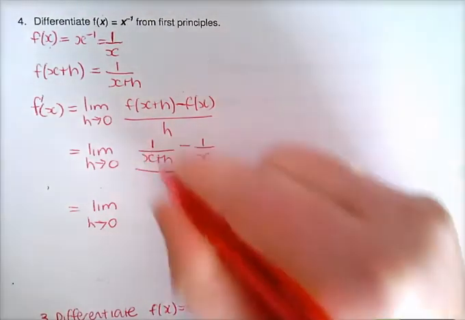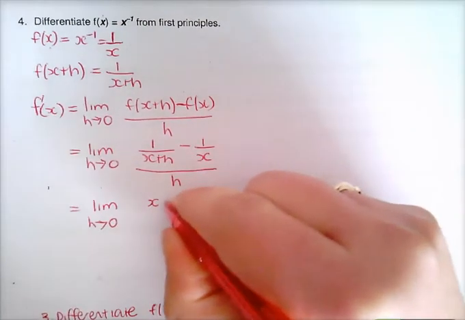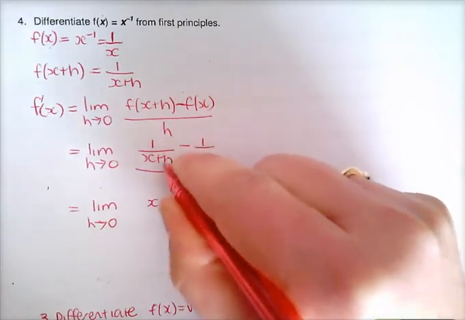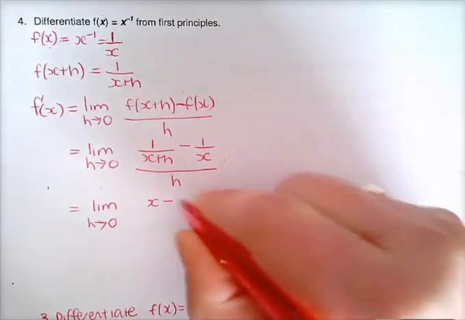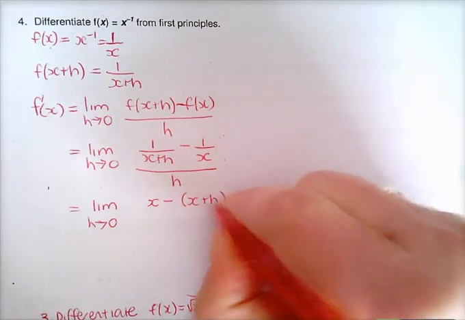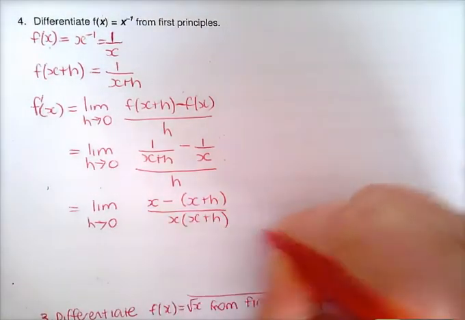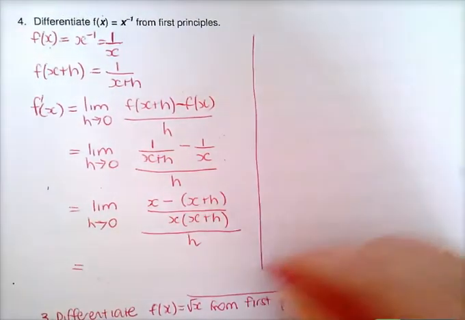So what we need to do is make a common denominator here on the numerator. So we'll get x minus... So we're multiplying this first fraction by x over x, and we're multiplying this second fraction by x + h over x + h. So we get x minus (x + h) over x times (x + h), and that's all being divided by h. Okay, now we're going to need 2 columns here.